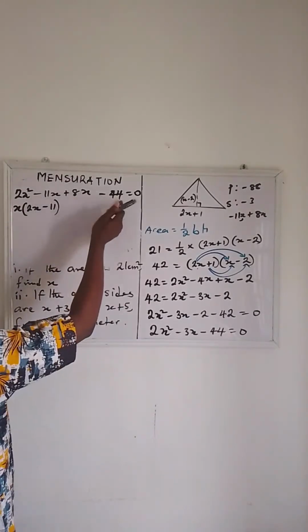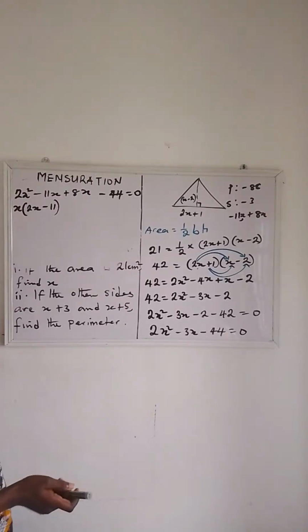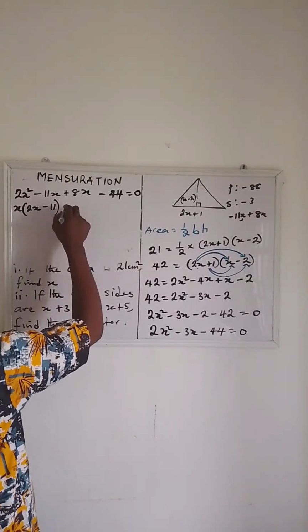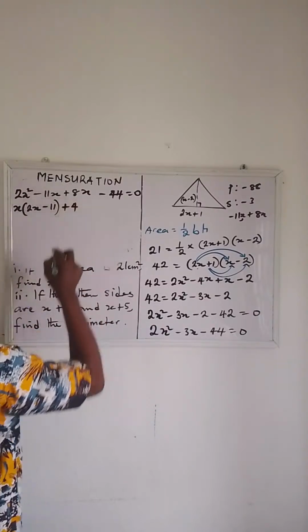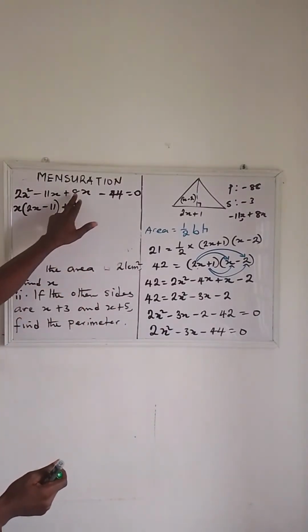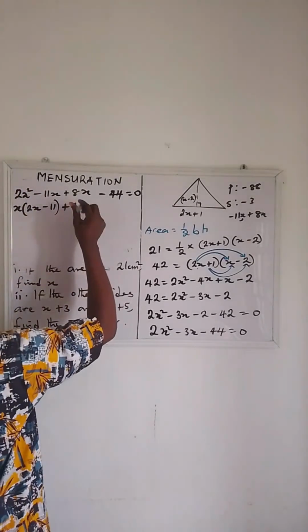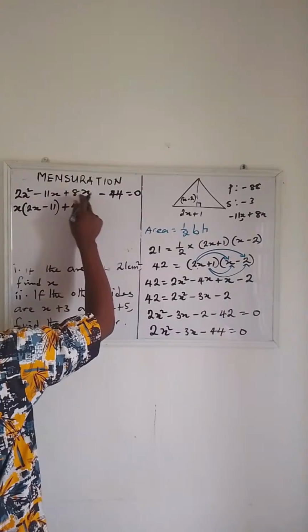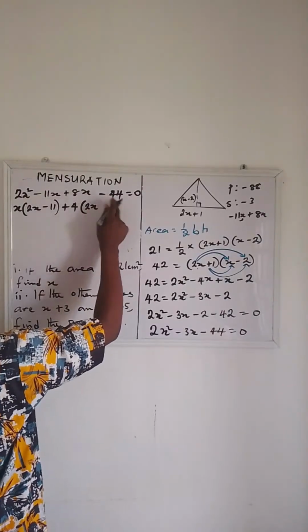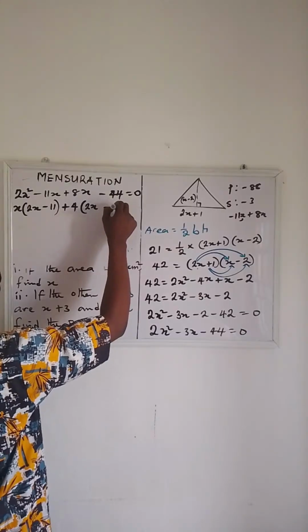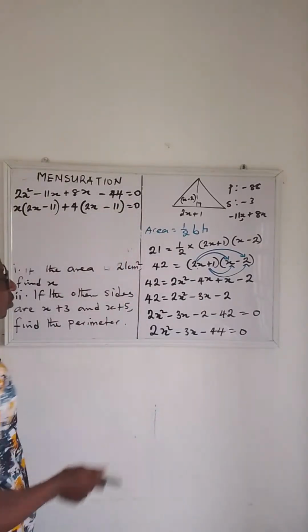Now when you look at this pair, what is the greatest common divisor? Here you have plus 4, because 4 can go here, 4 can also go here, so it is the greatest. Now when you divide 8x by 4, you have 2x. When you divide negative 44 by 4, you have negative 11. That is equal to 0.